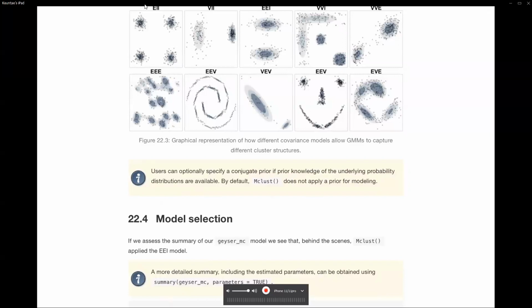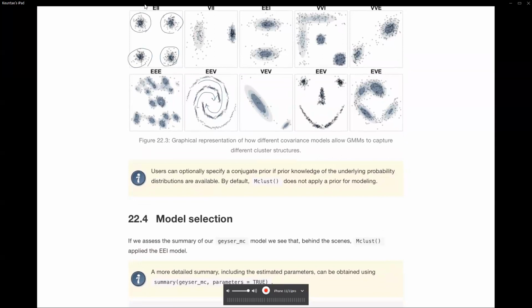So these are basic examples of clustering patterns, right? This EV has a very spiral, directional kind of curve, and EII is the most typical kind of separation of the clustering outcome, right?